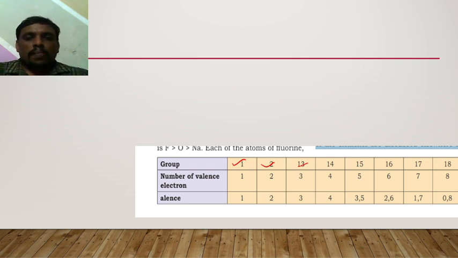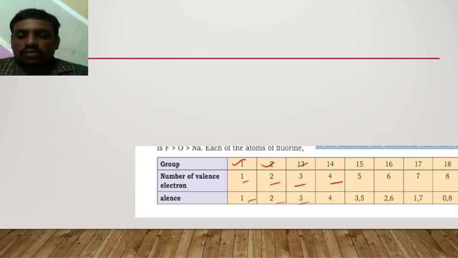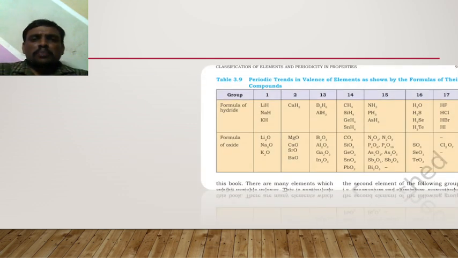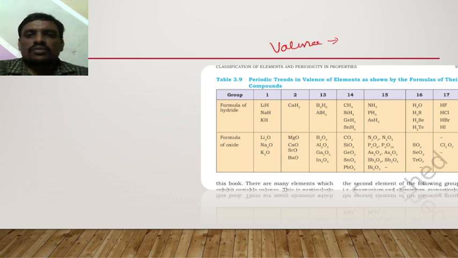The valency for group 1 is 1, group 2 is 2, group 13 is 3, group 14 is 4, and so on, given for the various groups. After that, periodic trends in valency of elements: group formula for hydrides and formula for oxides.